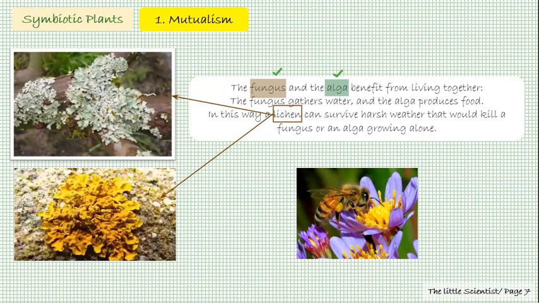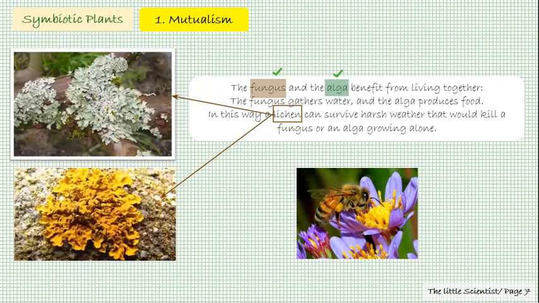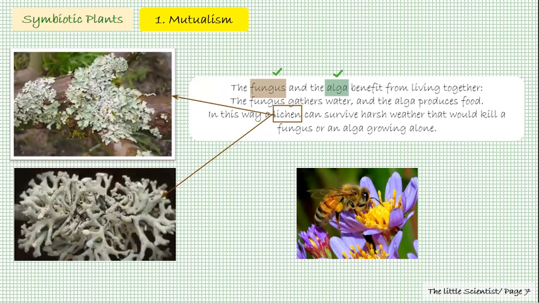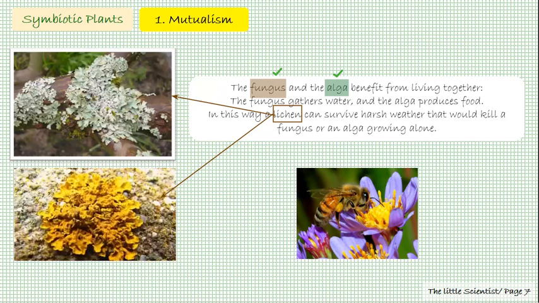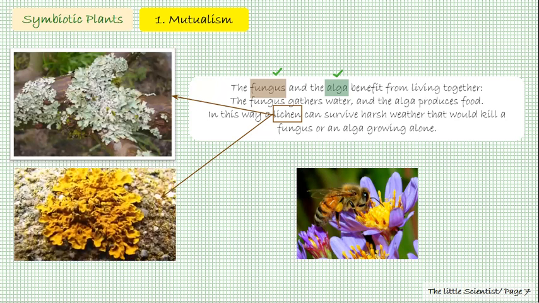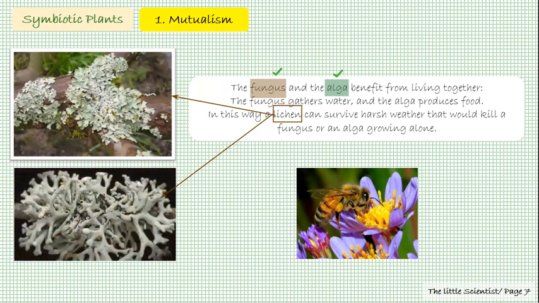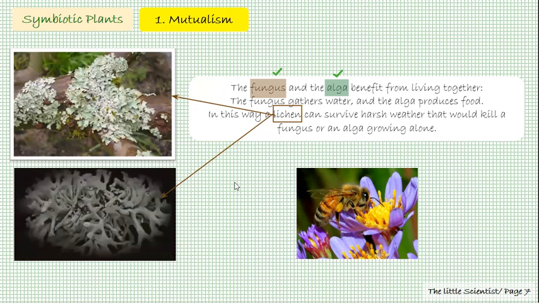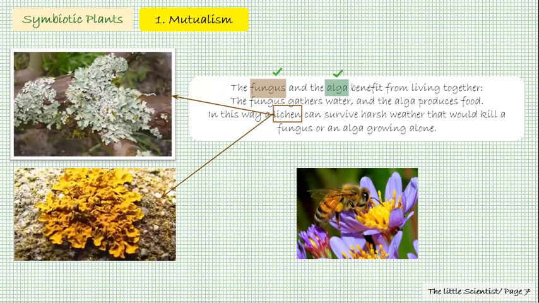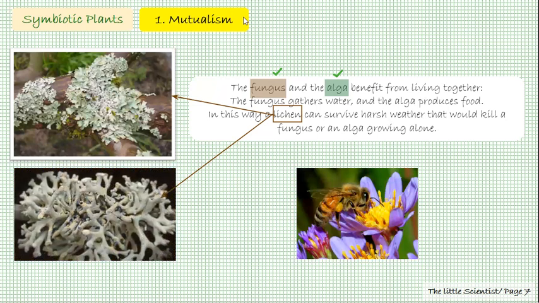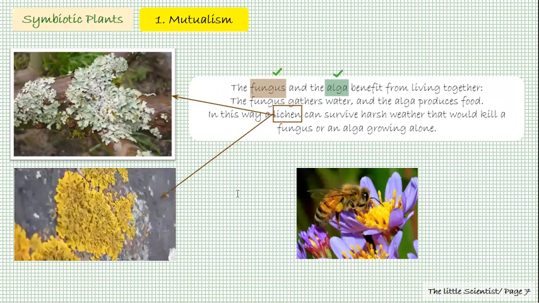So here we're talking about pollination. Bees help in plants' pollination. So both organisms are helping each other. Okay, in the lichen case, the fungus is happy, the alga is happy, both benefit. In the bees and flowers case, bees are happy, flowers are happy, so they both benefit from this relationship.